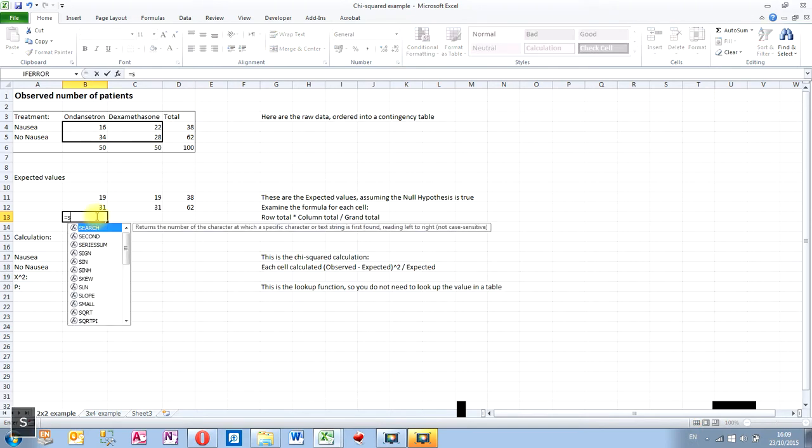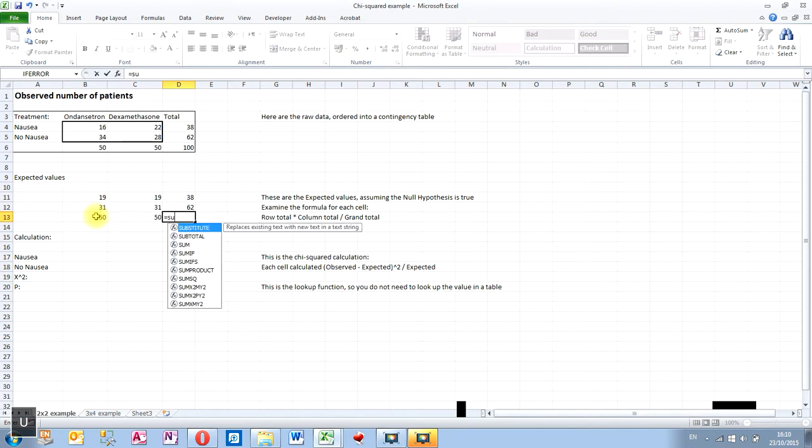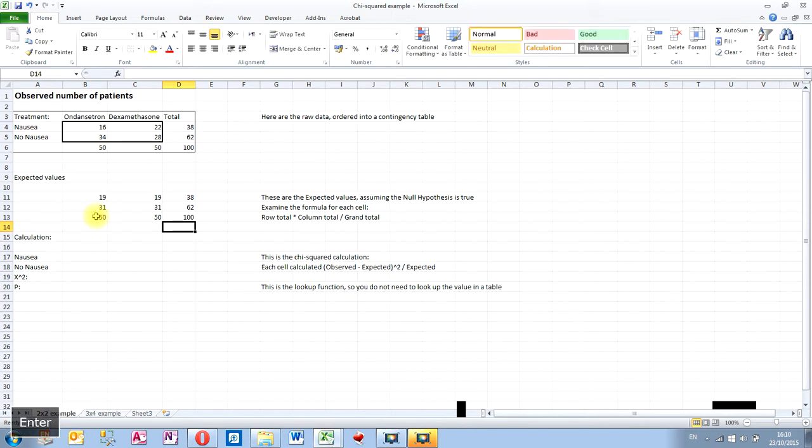We do the same here. Sum of those is that. Sum of those is that. And the total sum is here. So the row sums and the column sums should remain the same.